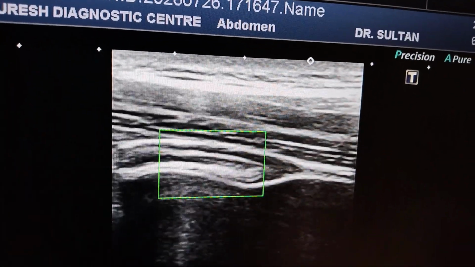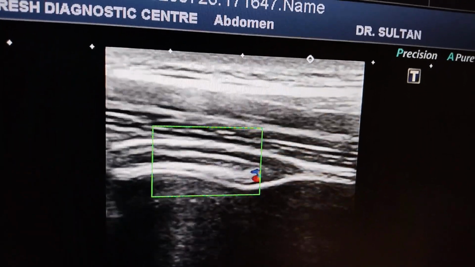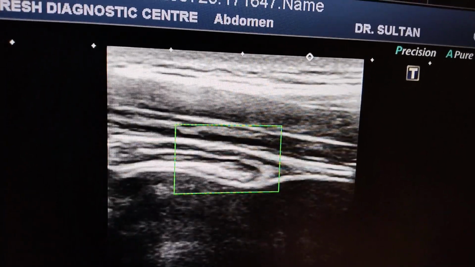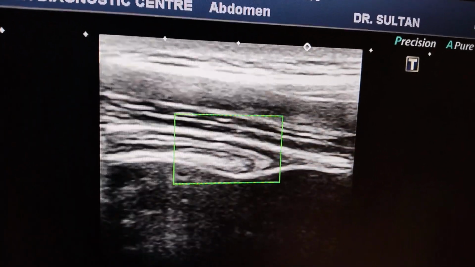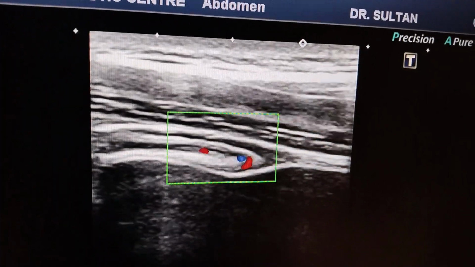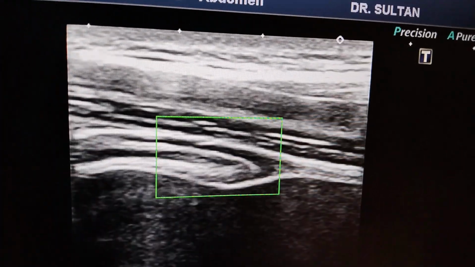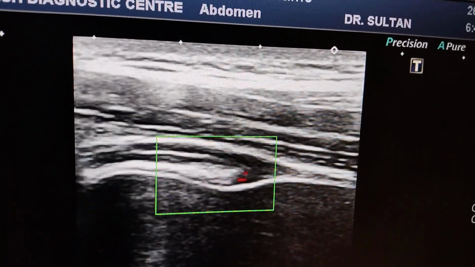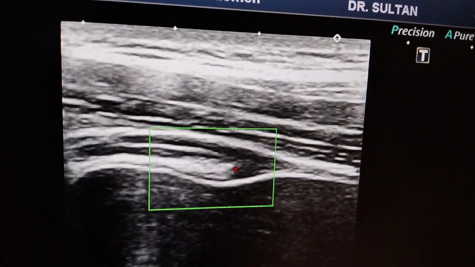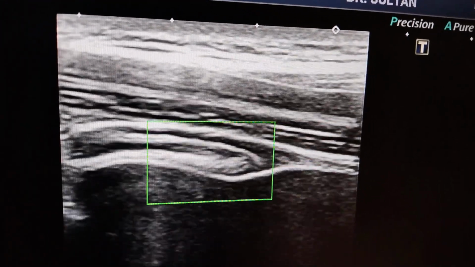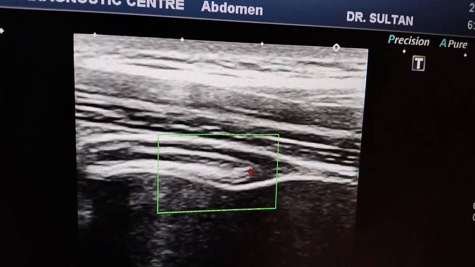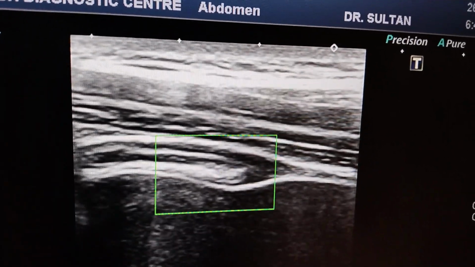What is the Doppler of this? We can appreciate the blood flow at the wall of the tract.